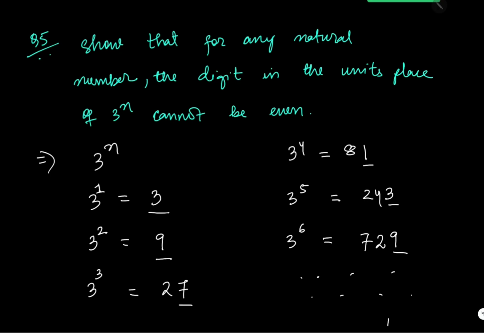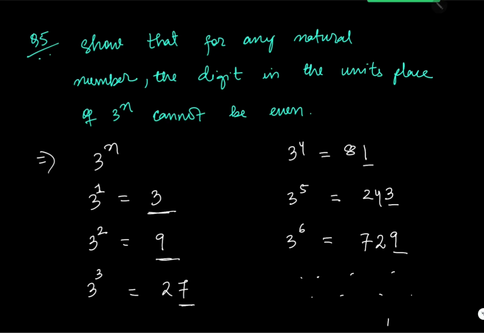The question is saying that when we substitute n as any natural number, then the units place, the place that I have underlined there, it cannot be even. That means it will not be in the form of 0, 2, 4, 6 or 8.